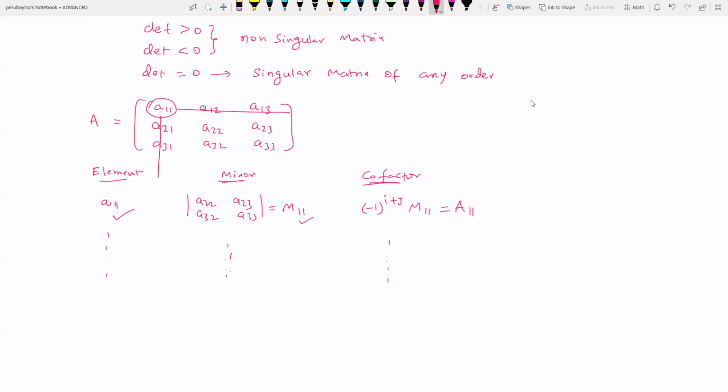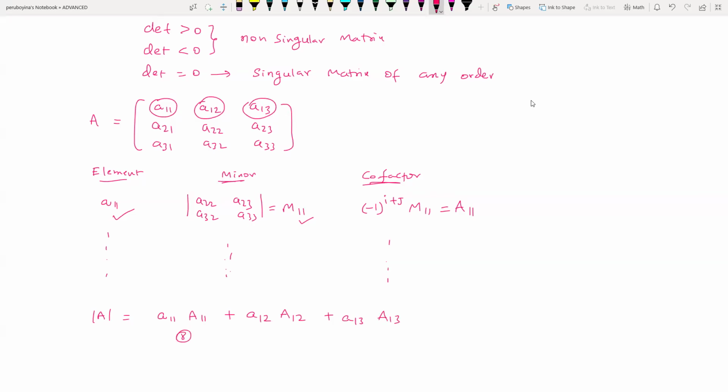Now we can define the determinant of this 3 by 3 matrix as A11 into capital A11, where A11 is an element and capital A11 is its cofactor, plus A12 into capital A12, and next one A13 into capital A13. I am defining this determinant according to the first row.